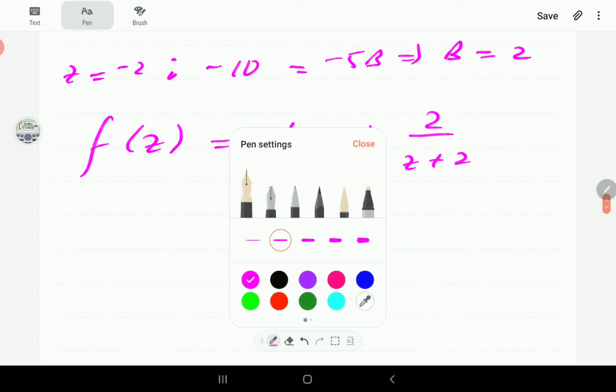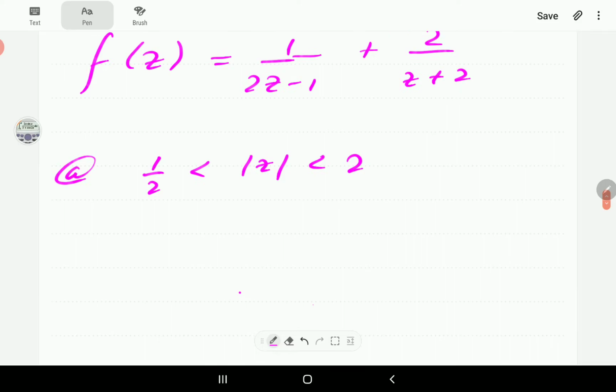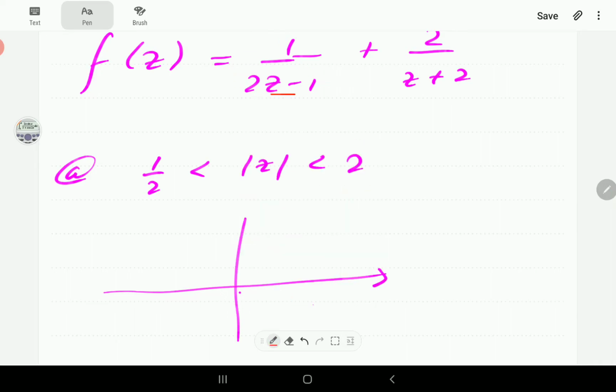Okay, so once we have our function resolved in partial fractions, let's look at the region. This is the region where mod z is greater than half, less than 2. If we go to the Argand diagram here, associated with this term, there's going to be a singularity at 1/2.